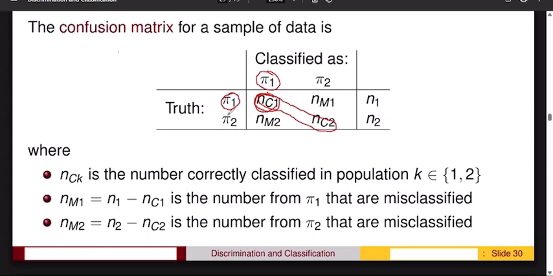The observation is supposed to be in group two, and you correctly classify it into group two. The NC2 is the number correctly classified in group two. So the right diagonal in the confusion matrix represents the number correctly classified.